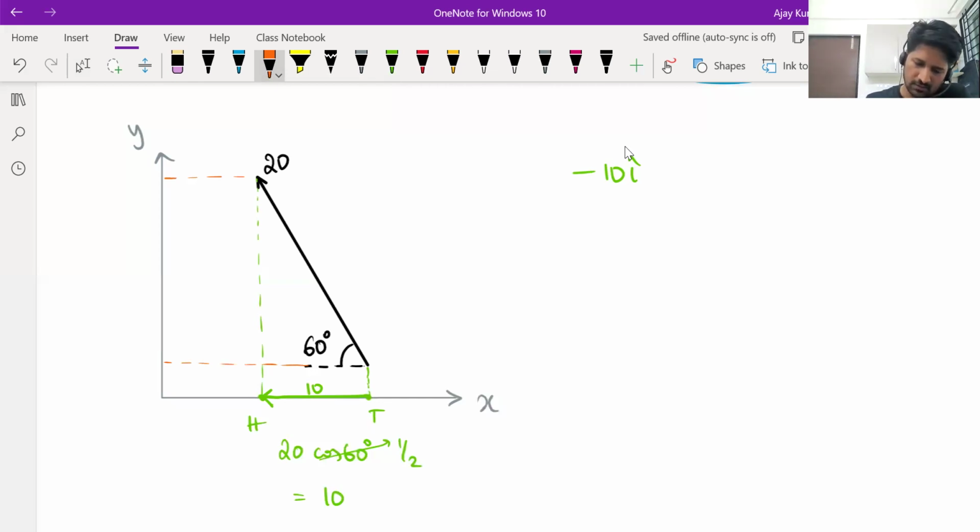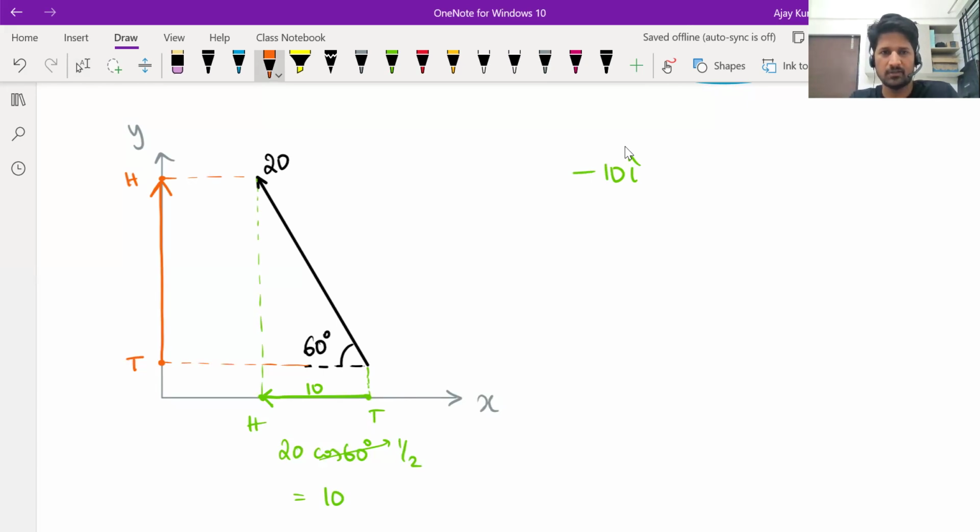Saket, tell me, this is the tail's projection on the y-axis. This is the head's projection on the y-axis. Is the y component positive or negative? Positive, sir. It's pointed upward, so it is positive. Okay. What angle does this vector make with the y-axis? 90, sir.